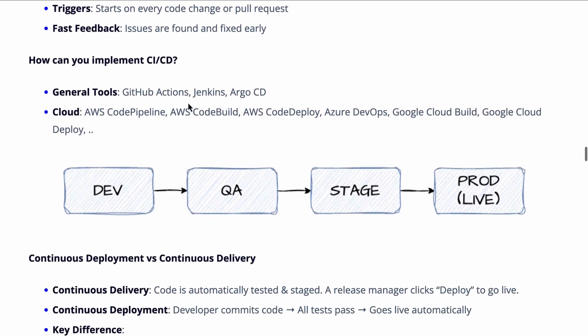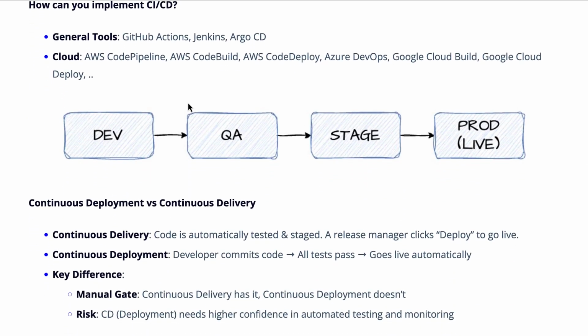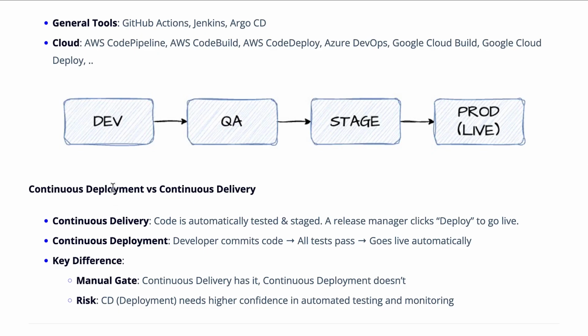Now, there's one question still left off. What is the question? What is the difference between continuous deployment and continuous delivery? In continuous delivery, code is automatically tested and staged. So when you're doing continuous delivery, typically you would actually do deployment up to the staging stage automatically.